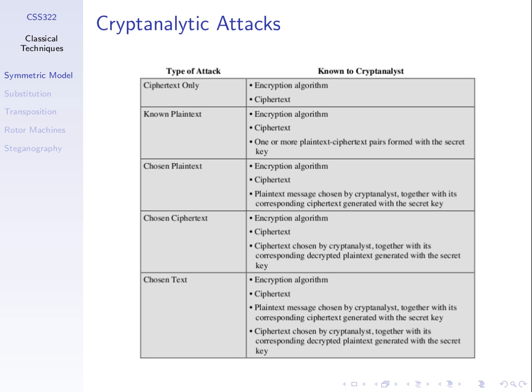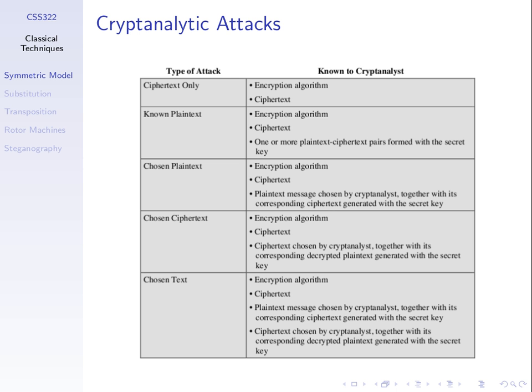We assume that the attacker knows the encryption algorithm and the corresponding decryption algorithm and the ciphertext. That is known to the attacker. We say that that information we assume is public. Everyone knows the algorithm being used. Everyone knows the ciphertext, because the ciphertext is sent across some communications channel which is unsecure.